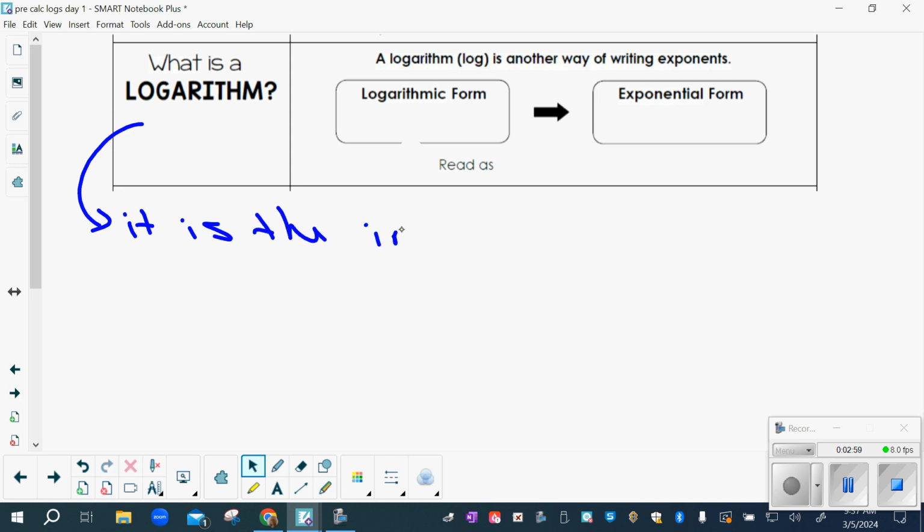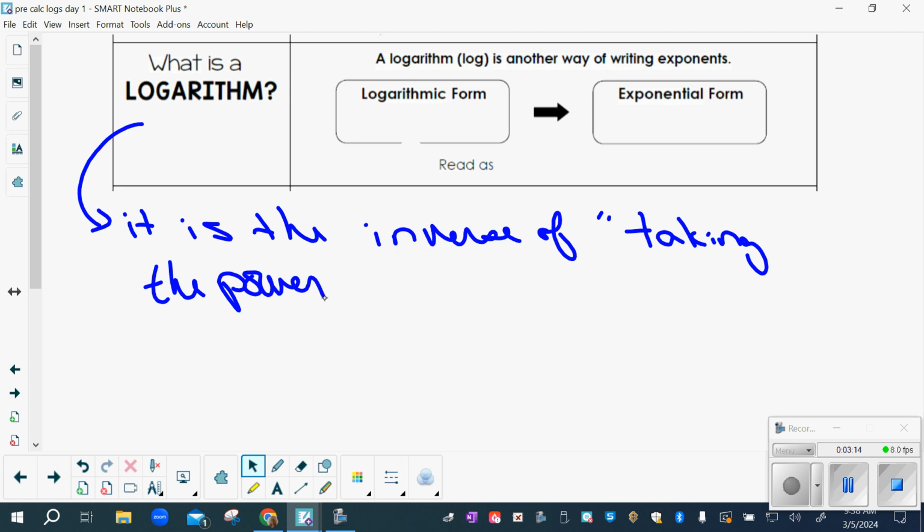It is the inverse of taking the power of something, of raising something to the power. Then we can undo it by taking the log, right? That's what it does. It's the inverse. It undoes it, right? And that's what we need to know.